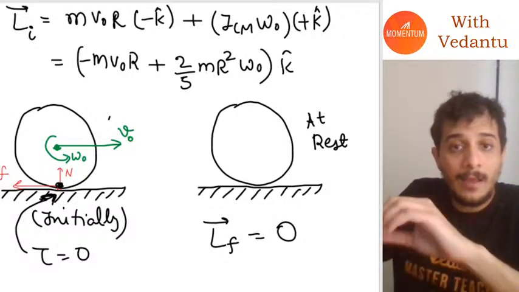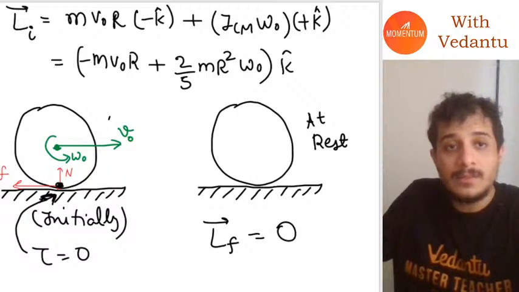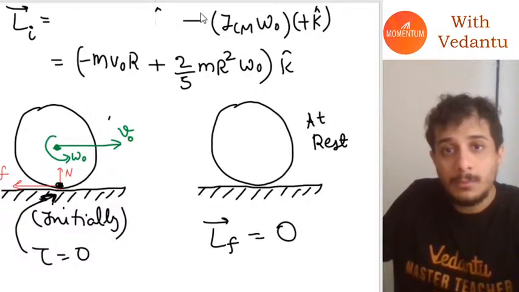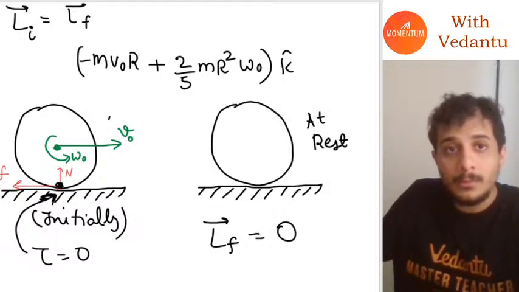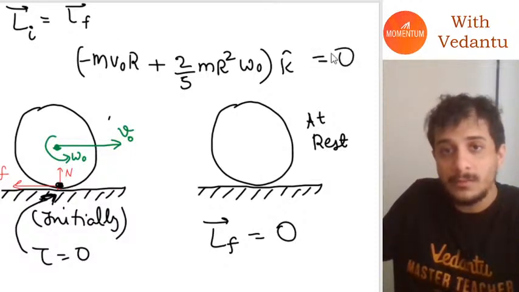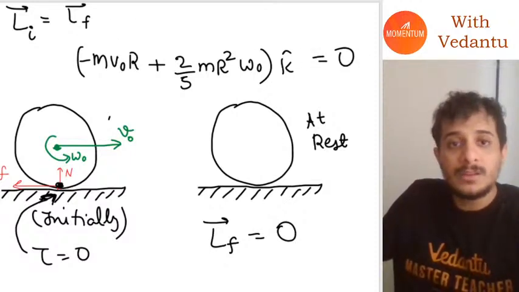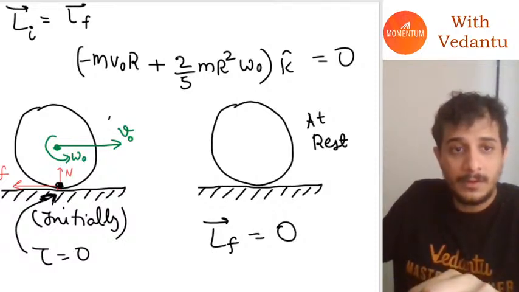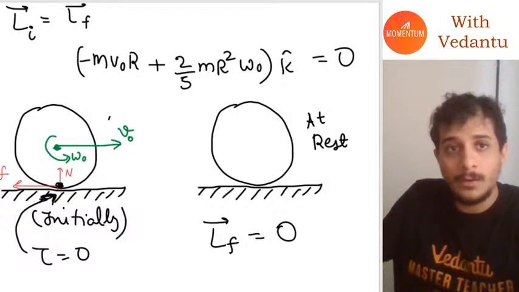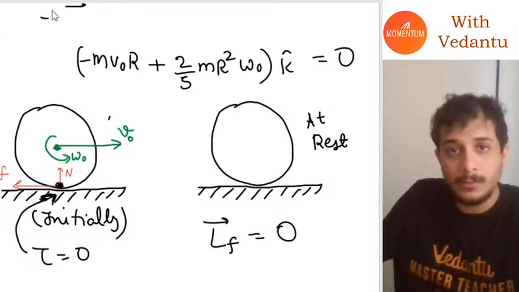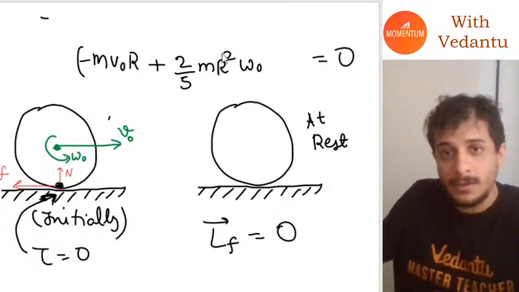So guys, I will just write Li is equal to Lf, which means this entire thing is equal to 0. It's very easy to solve. I will take one of the terms to the other side, k cap will just go away.